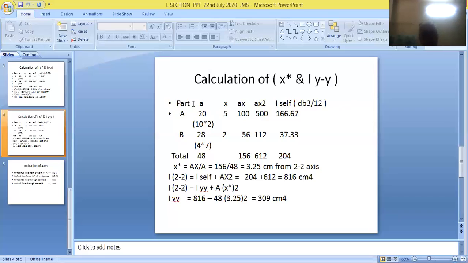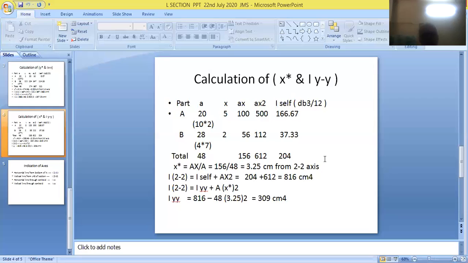So friends, first column for indicating the name of the component, second column for indicating the areas of components, third column for indicating x values, fourth column for indicating ax values, fifth column for indicating ax square values, sixth column for indicating I self values.